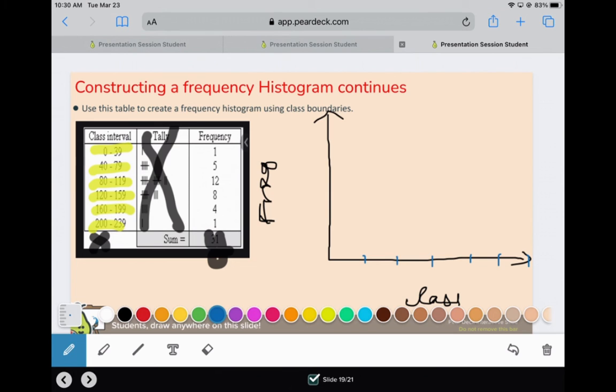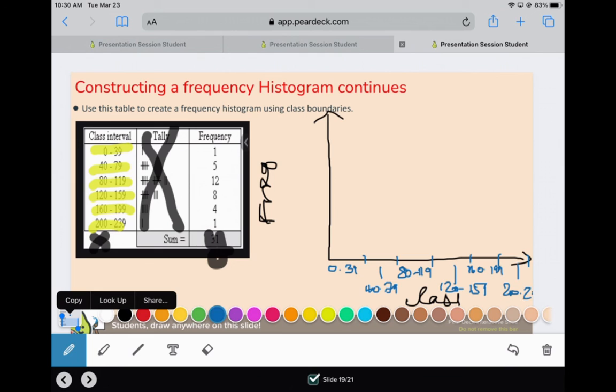And then I can label the numbers 0 to 39, 40 to 79, 80 to 119. This one is 120 to 159, 160 to 199, and the last one is 200 to 239.